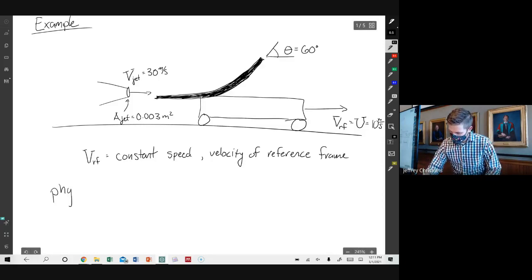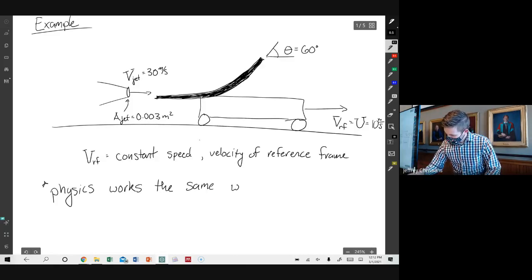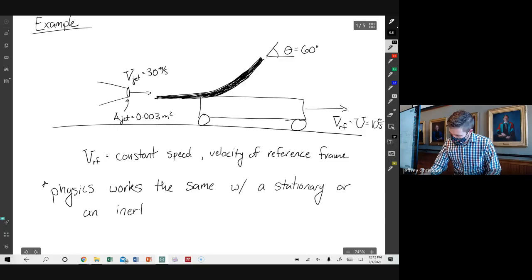Physics works the same with a stationary or an inertial reference frame.